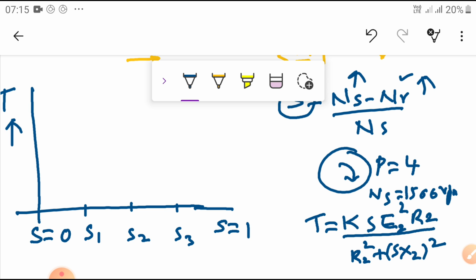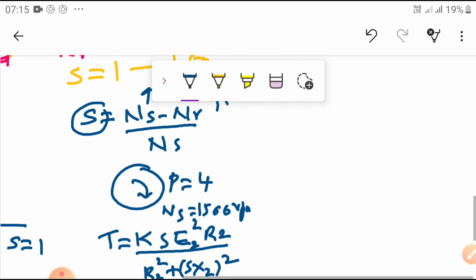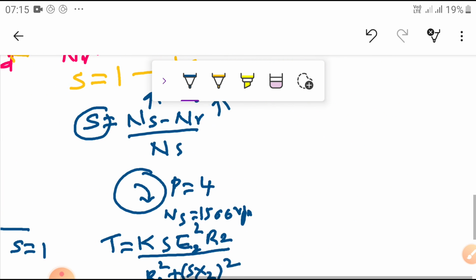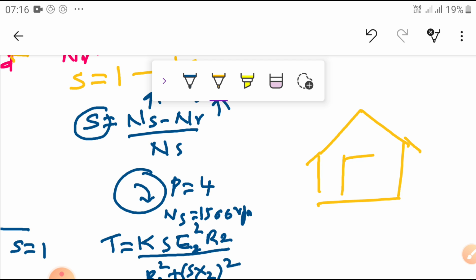Before going to that, I want to analyze this torque slip characteristic in the form of our own experience. Let us assume this is your family, and your family relations.